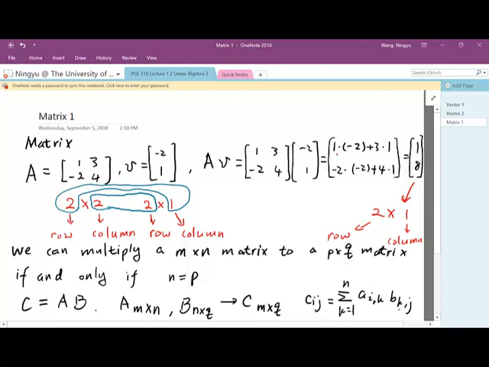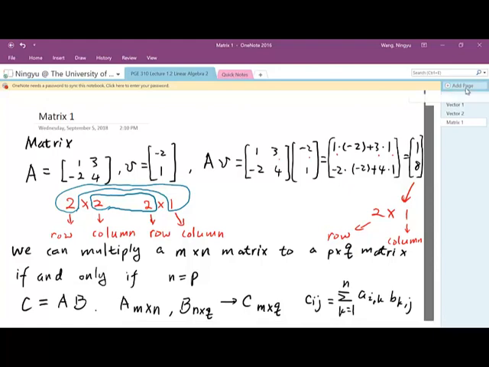And what about B11? B11 is minus 2, so 1 multiplied by minus 2. And then what? Let k equal 2. So A12 is 3. We have 3 here. And then B21 is 1. So we have 1 here. That is how we did this in the calculation.